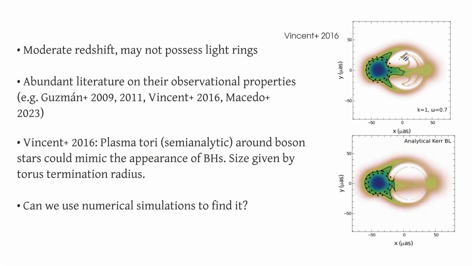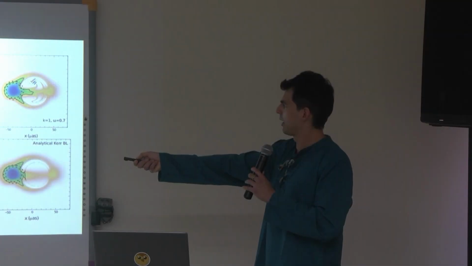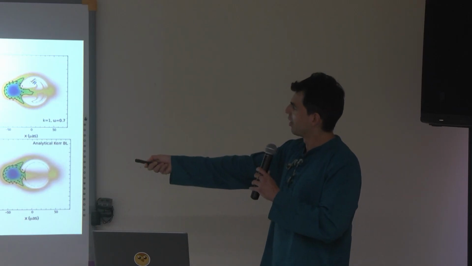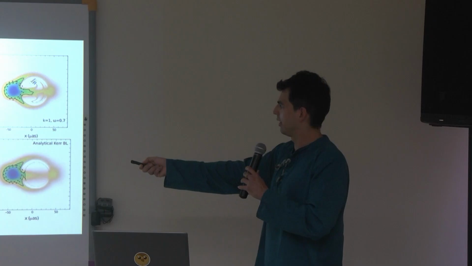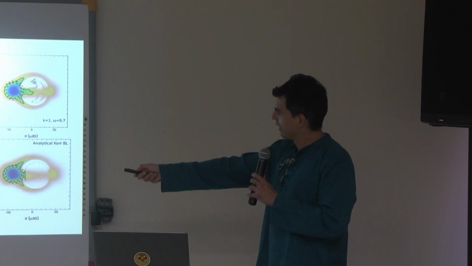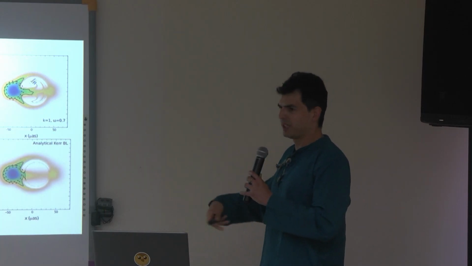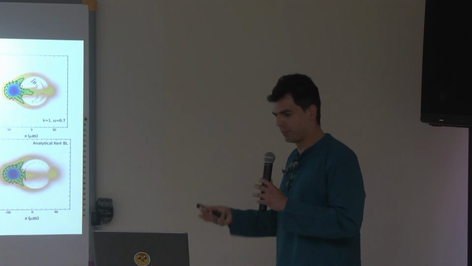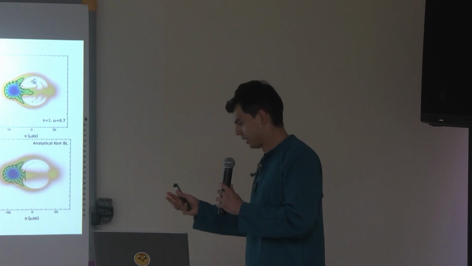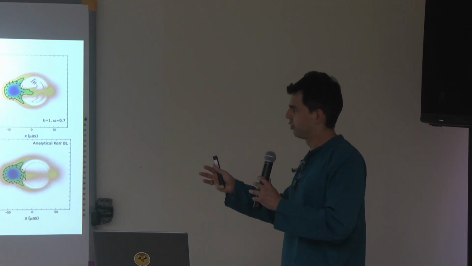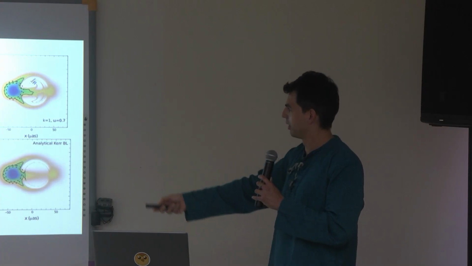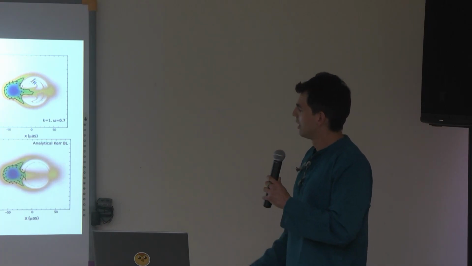Some of the members of the family, in fact, have only moderate redshift, as I mentioned before, and they aren't compact enough to possess light rings. The literature on the observational properties of these objects is abundant. There are papers predicting, for example, spectra of Shakura-Sunyaev type disks since 2009 by Francisco Guzmán.